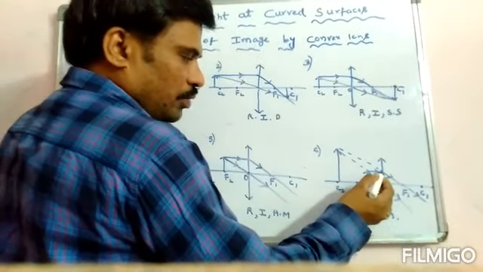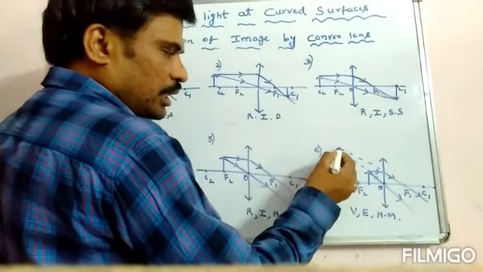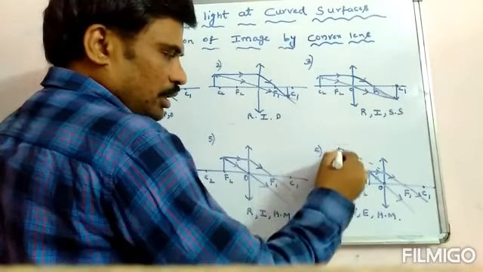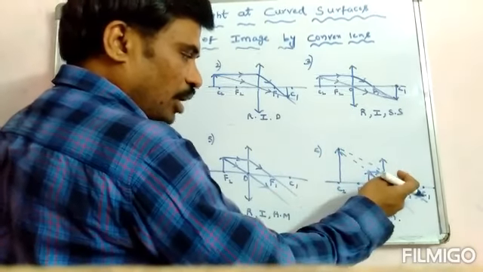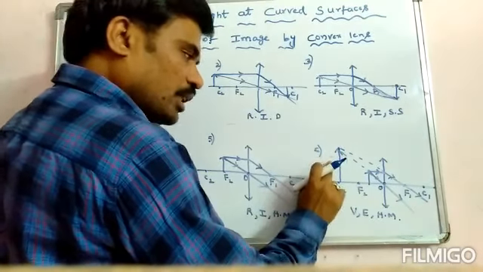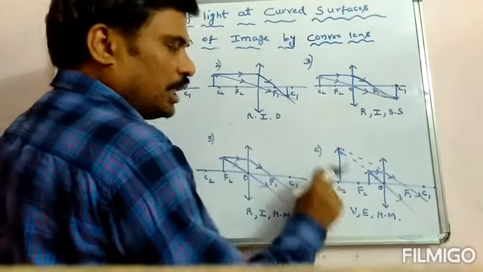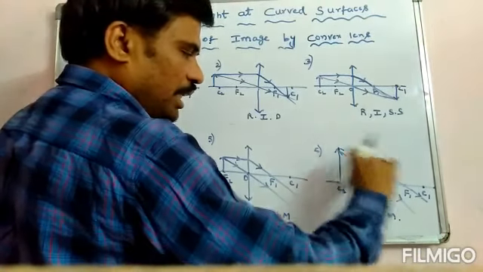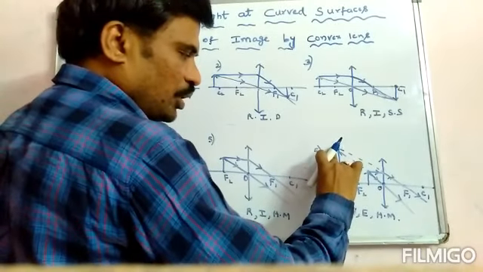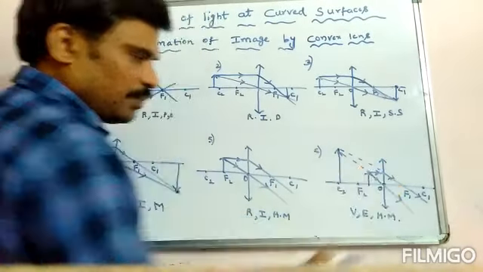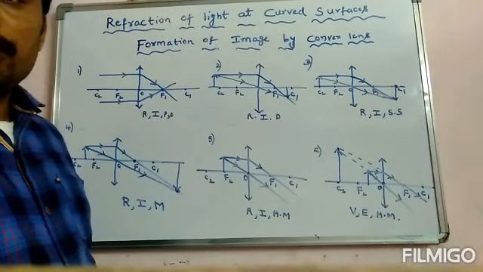So when I extend them back, they come from a point. There you will get the image. But here observe, the image is formed on the same side of the lens, which means the image is virtual, erect and highly magnified. The size of the image is greater than the size of the object. Right.